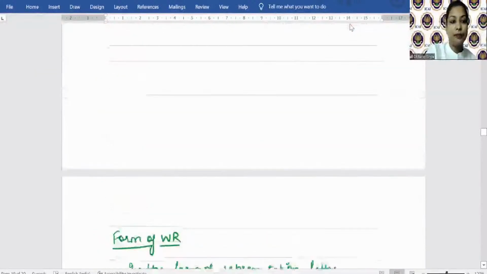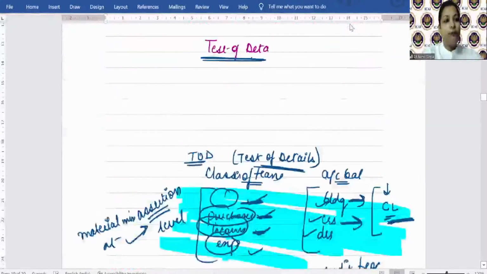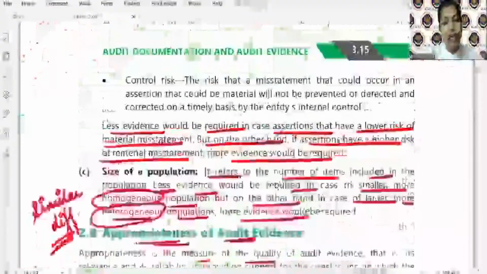Clear? So let me just take you to the definition from the module. Now, is assertion clear? Because a number of you were sending me queries: ma'am, what is assertion, what is assertion level. If you understand the definition of assertion well, you are able to understand what is meant by assertion level.